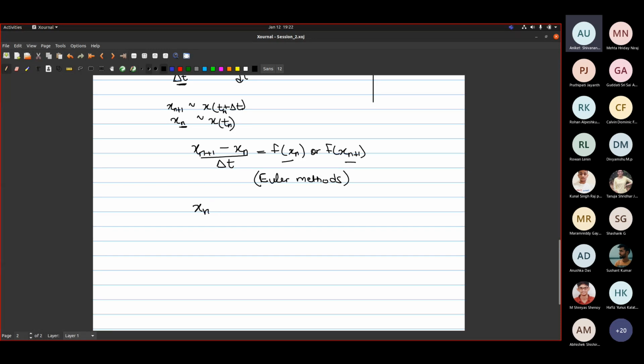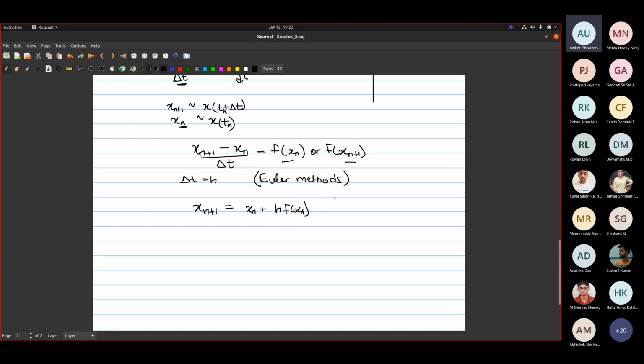So my entire recursive formula becomes something like this. Just for convenience, I will take delta t as h, since it's a constant. So xn plus 1 equals xn plus h times f of xn, or f of xn plus 1.